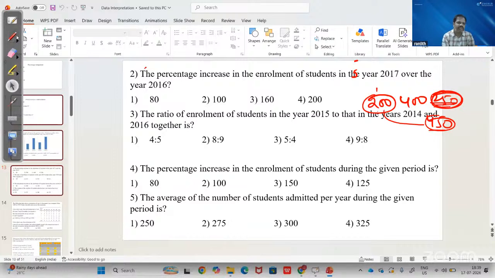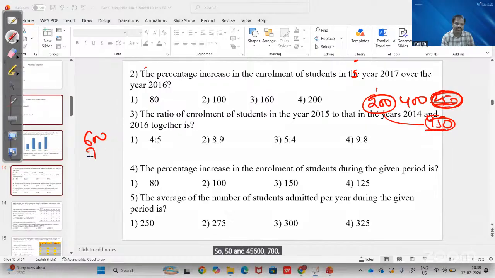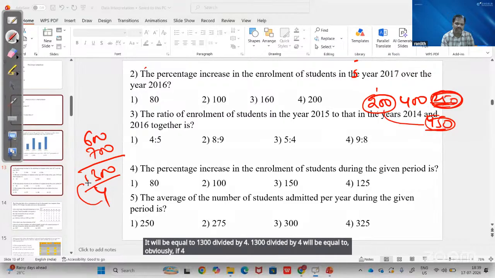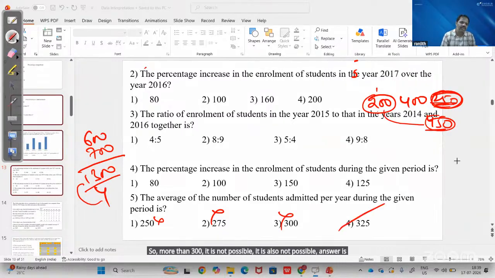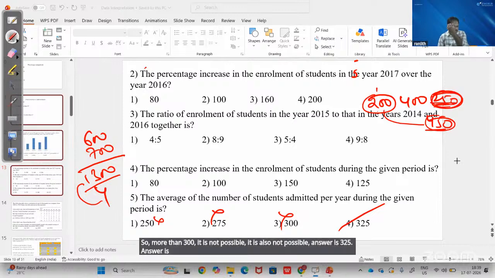The average number of students: 200 and 400 is 600, 250 and 450 is 700, so the total is 1300 divided by 4. 4 threes are 12, so more than 300; it is not possible to have less. The answer is 325, more than 300.